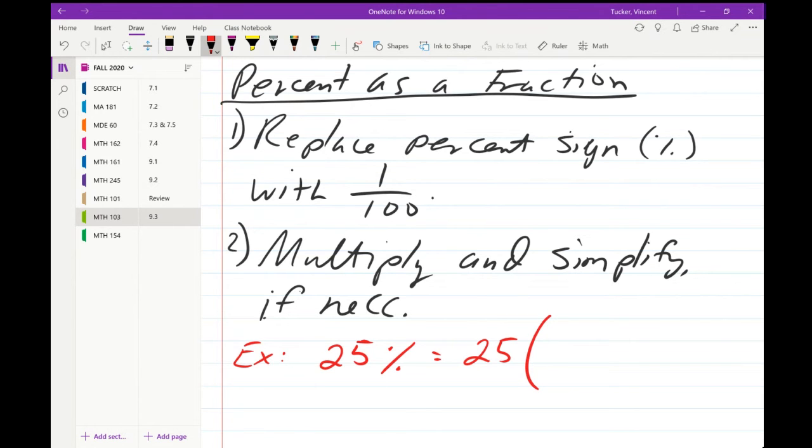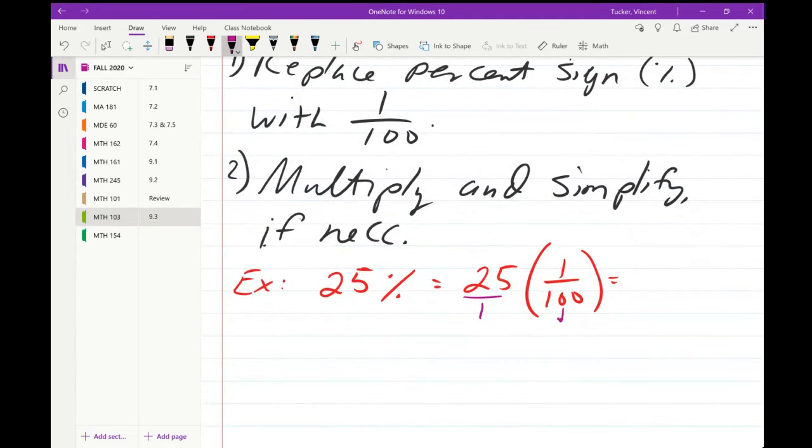So let's say we have 25%. Replace the percent with 1 over 100. The 25, if you want to write that as a fraction, you recognize that as being 25 over 1. So now you can either multiply across, or if you wanted to reduce, you could. It's up to you. So we can recognize that 100 is 4 times 25.